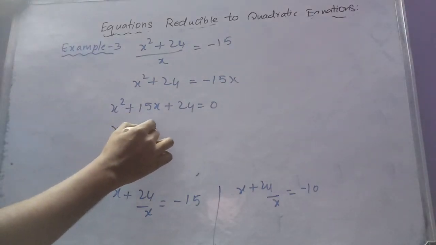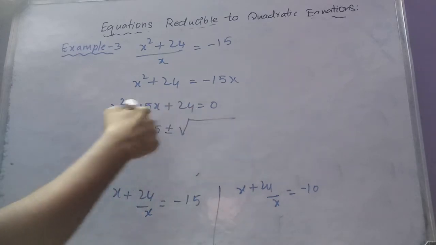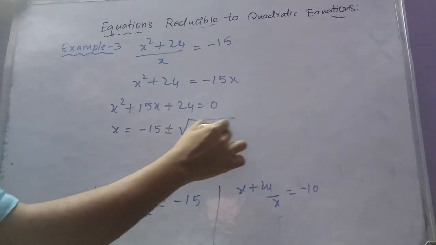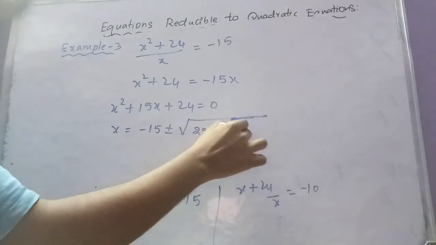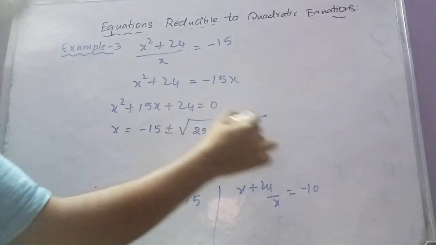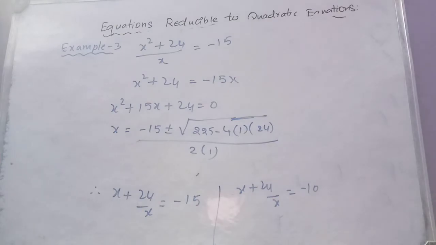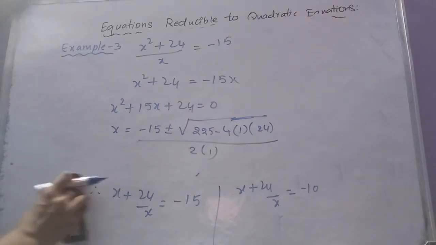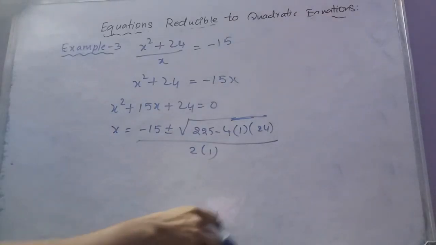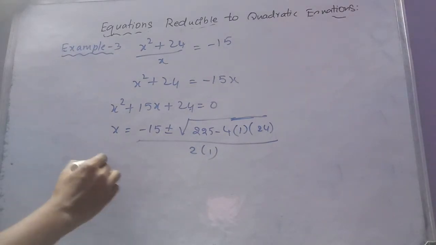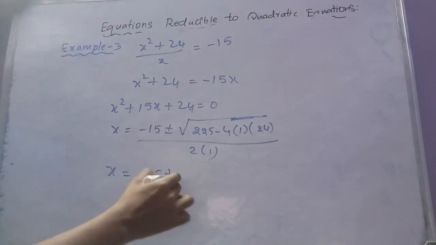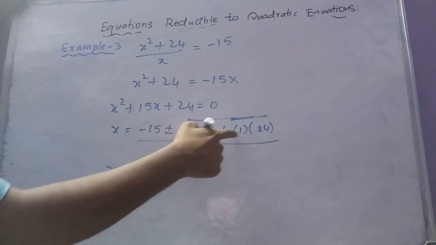x is equal to (−b ± √(b² − 4ac)) divided by 2a. I used the quadratic formula. So in that case, what will you get? You'll get x is equal to (−15 ± √(225 − 96))/2.